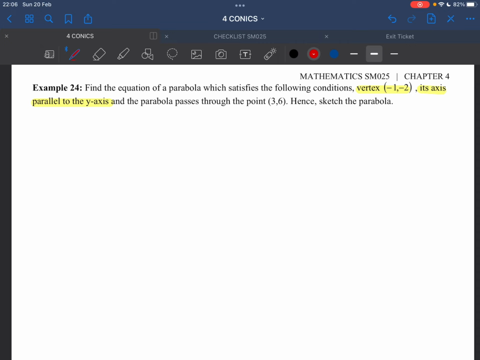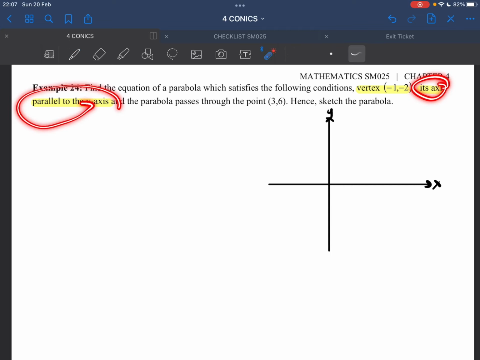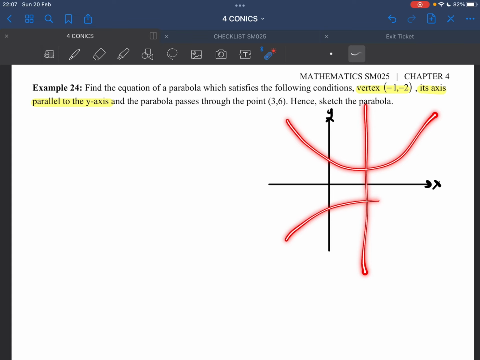Let me draw properly here. Let's say we have the x-axis, we have the y-axis. So if the axis of symmetry is parallel to the y-axis, this is gonna be the axis of symmetry. So the shape of the parabola may be like this or like this, so opens upward or opens downward.